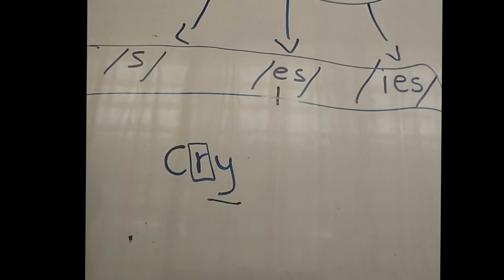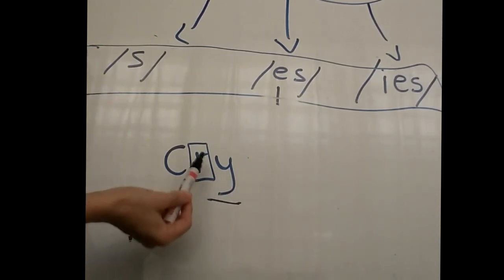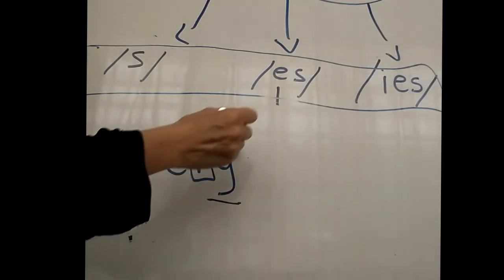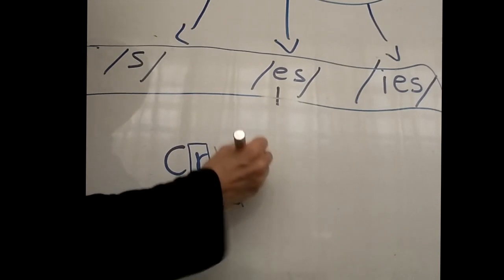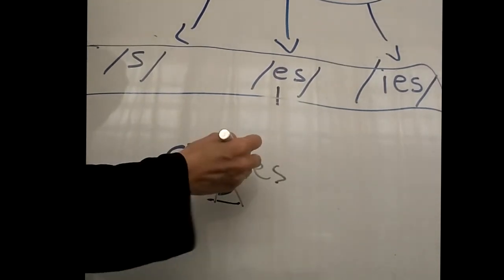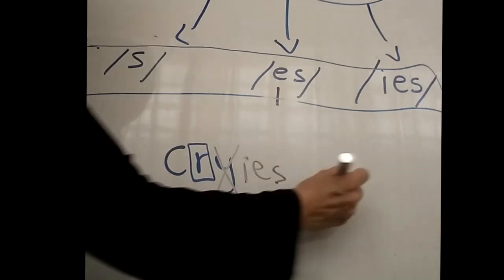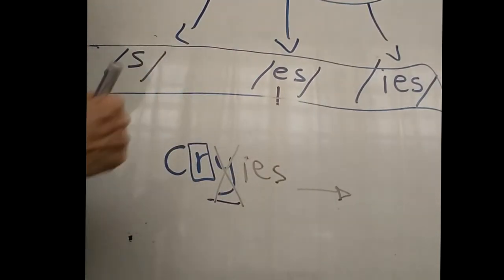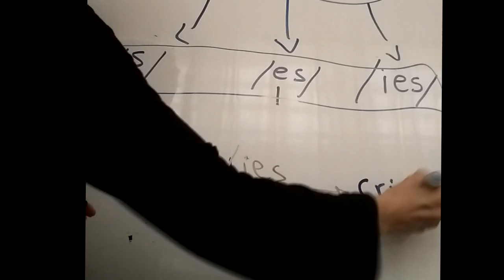So in this case, if you have a consonant followed by y, we need to delete y and add IES. So it will be cries.